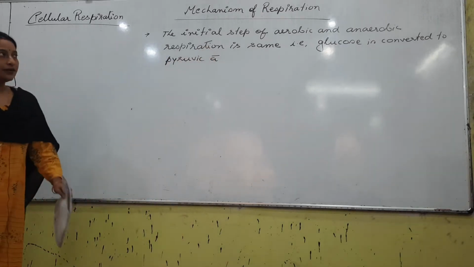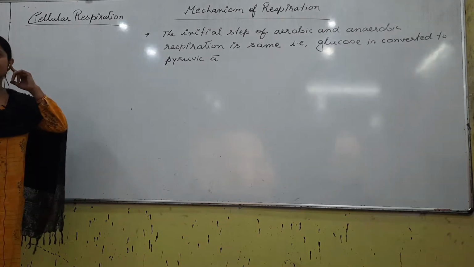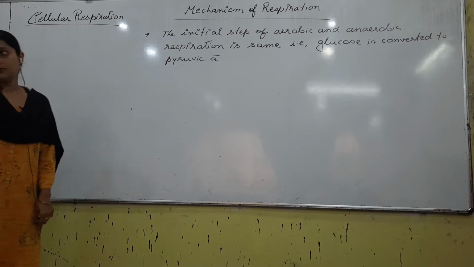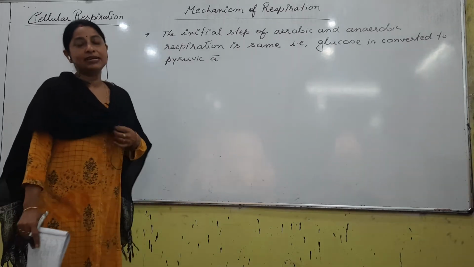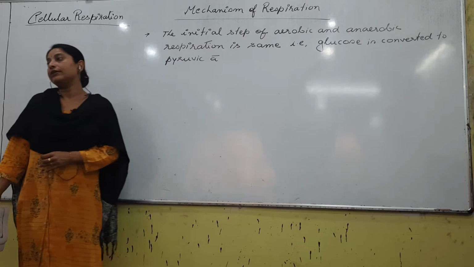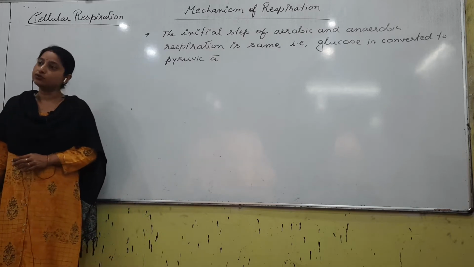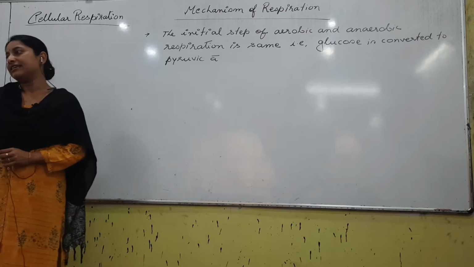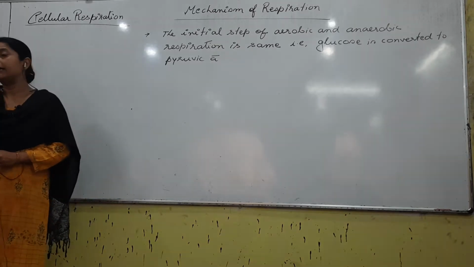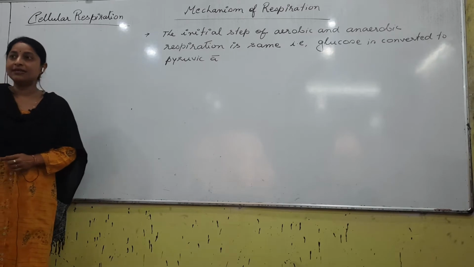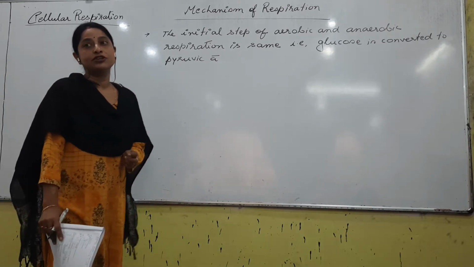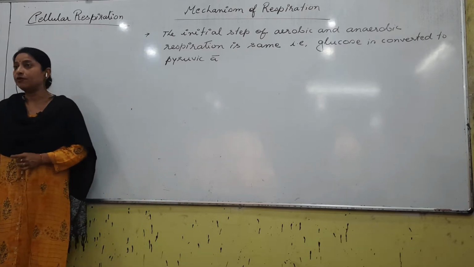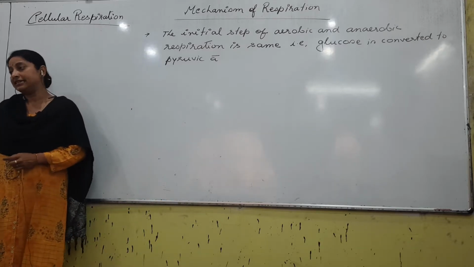Talking about the first or initial step, what we are talking about is glycolysis, no? And last class we had just started it. Whenever we are talking about glycolysis, we understand it as the breaking down of the glucose molecule inside the cell with the help of enzymes. Ultimately, at the end of glycolysis we see the formation of pyruvic acid, right? The first step, glycolysis, is independent of oxygen.